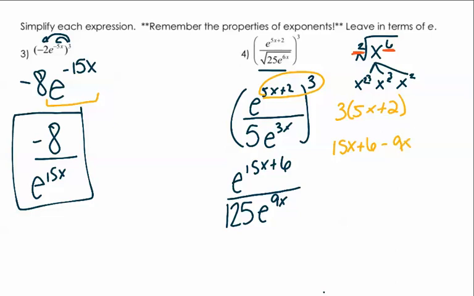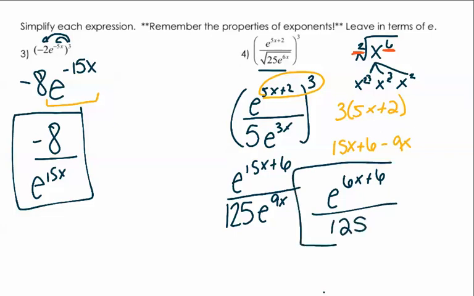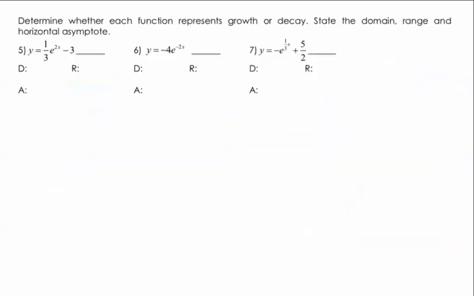So then the 15x minus the 9x is going to give me 6x. So my final answer here would be e to the 6x plus 6 all over 125. And we can go ahead and leave it like that. We're okay with that. So when you see these problems, you just want to make sure you're remembering all the properties of exponents and you're using those like we did last chapter.